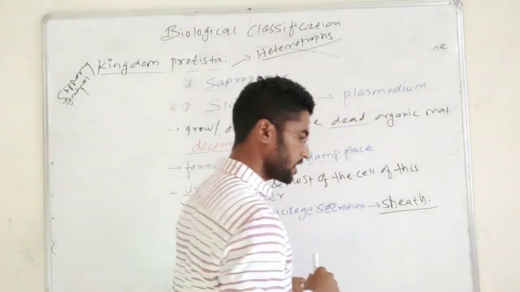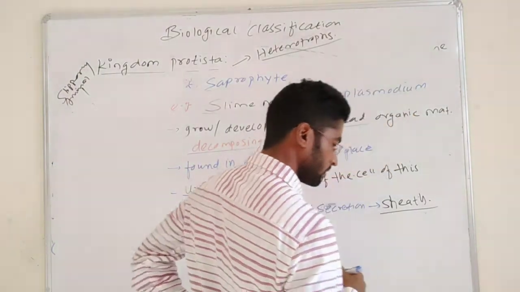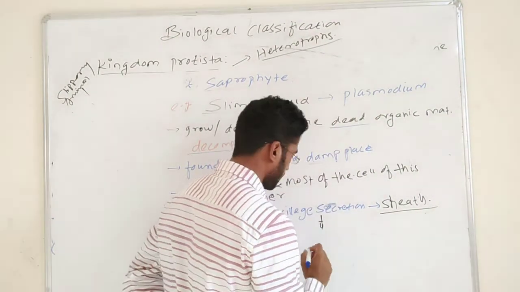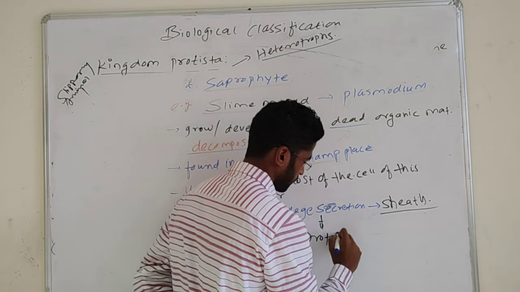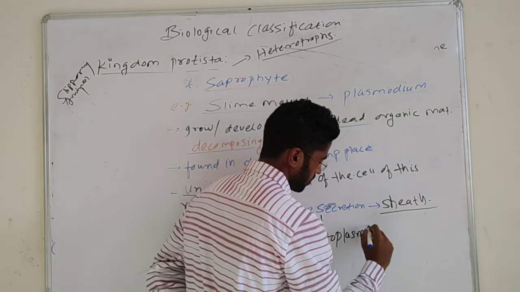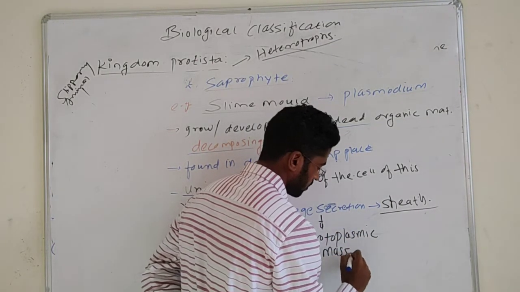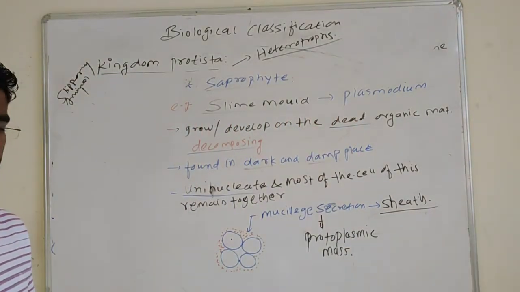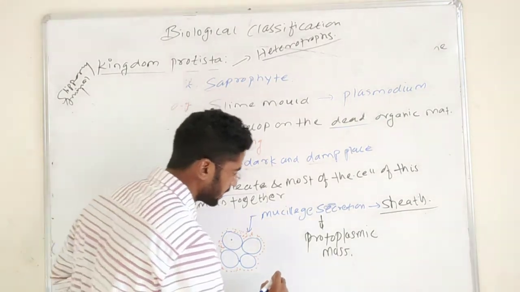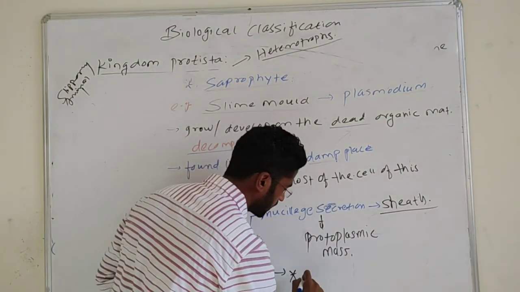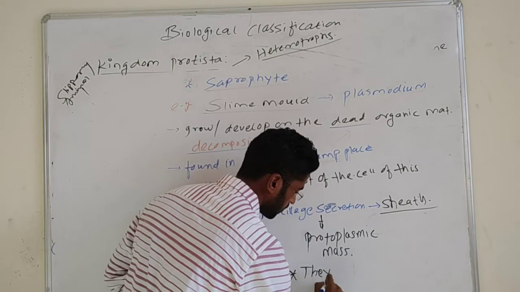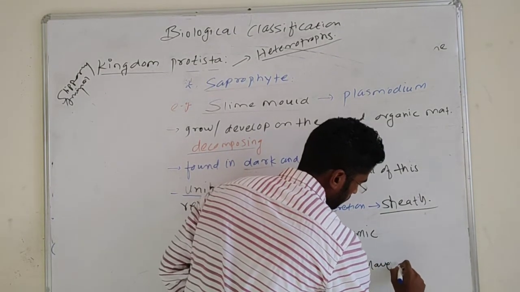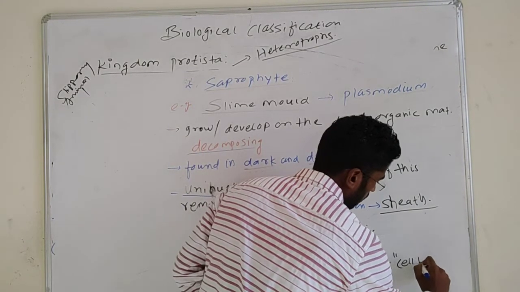So this structure is known as protoplasmic mass. They do not have any cell wall. So mark this importantly, they do not have a cell wall.